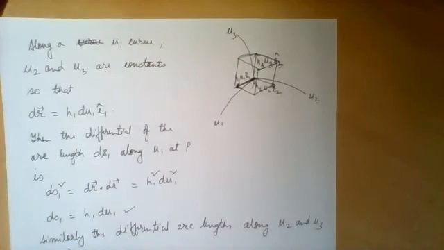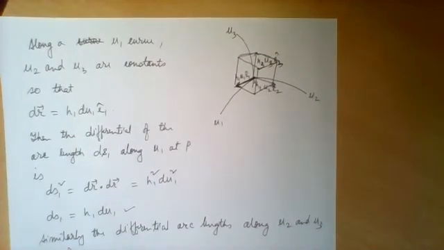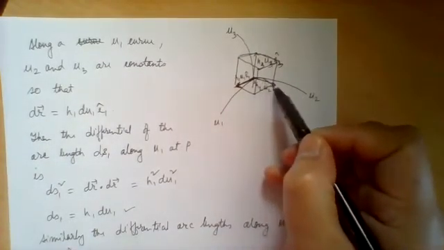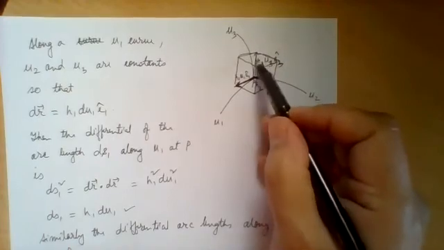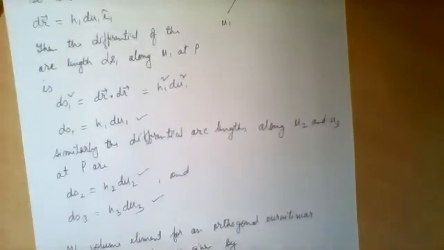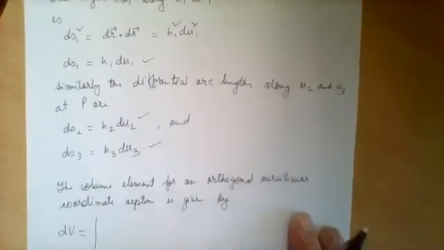In vector algebra, class 12 vector algebra, I have a volume. I want the volume element. I have a three-dimensional object whose edges are given by vectors v1, v2, v3. What is the volume of that three-dimensional object?